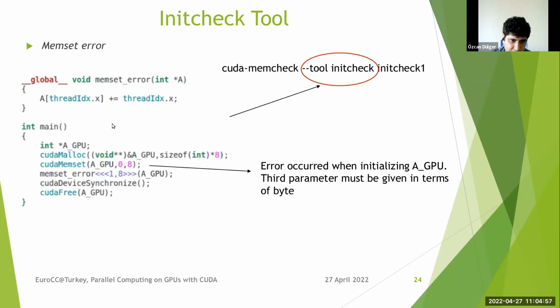So when we try to access them inside the kernel, we will get this error because the last 6 are still uninitialized.